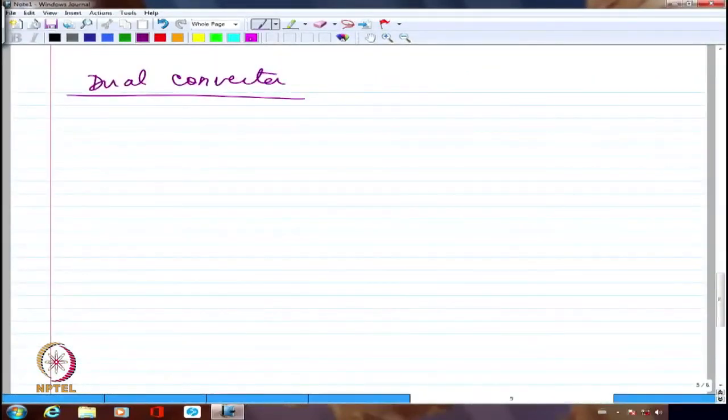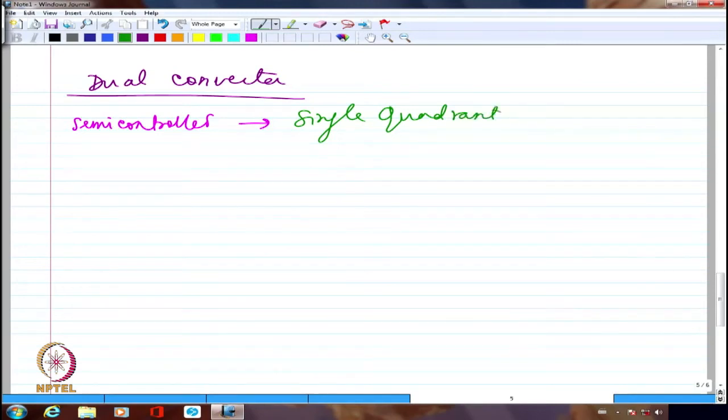We talked so far about semi-controlled or half-controlled. Semi-controlled is definitely not the same as half-wave. Semi-controlled is only meant for single quadrant, that is, V and I both cannot reverse.